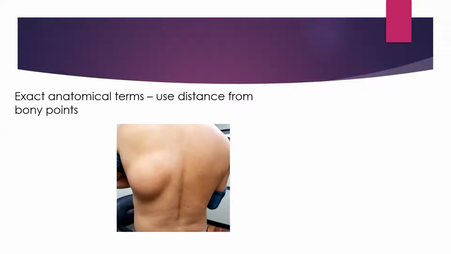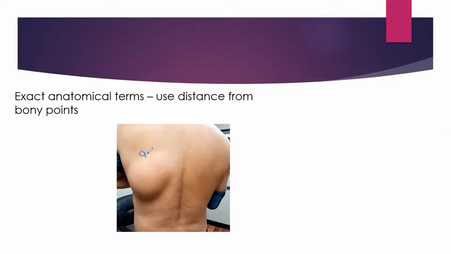So while we are describing the site, we have to mention the bony point. If I find that this is the inferior angle of the scapula, we will tell that this is 1 centimeter above or below the inferior angle of the scapula.